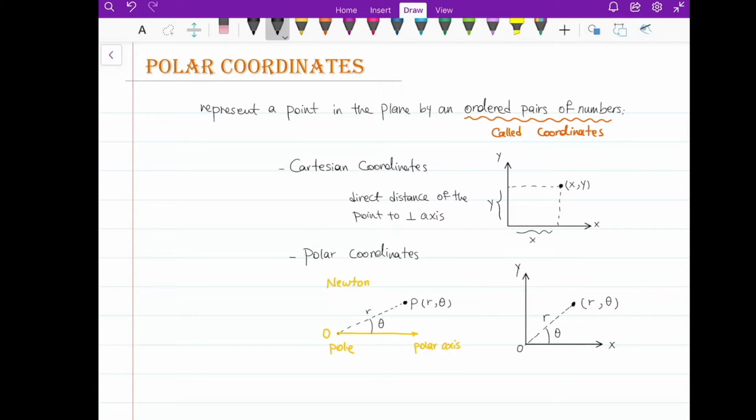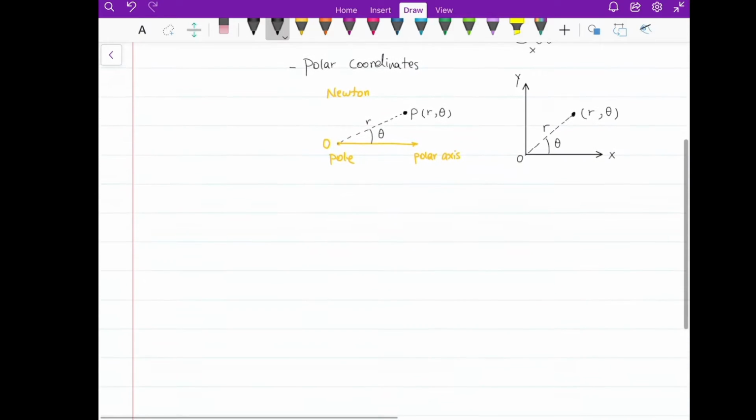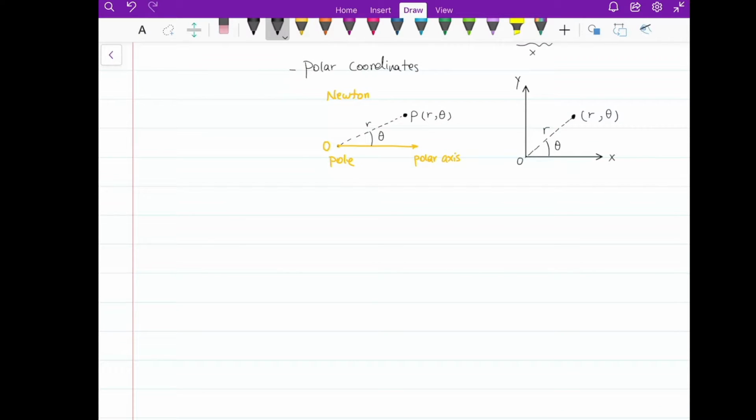So what is r? What is theta? r is the distance from the point to the origin, and theta is basically the angle between r and the positive x-axis.